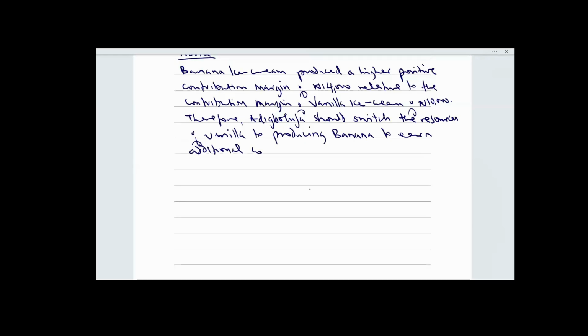Therefore, Adigbolija should switch the resources of producing vanilla to producing banana to earn additional contribution or profits of 4,000 naira.